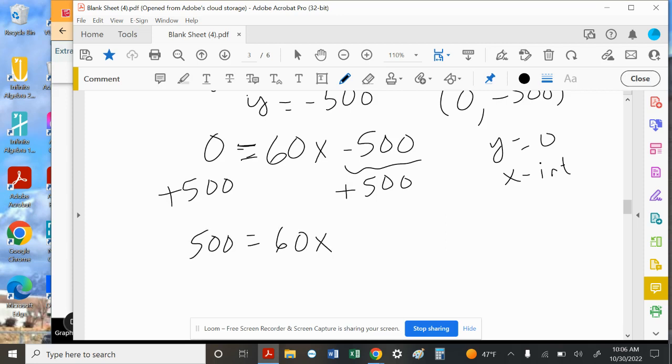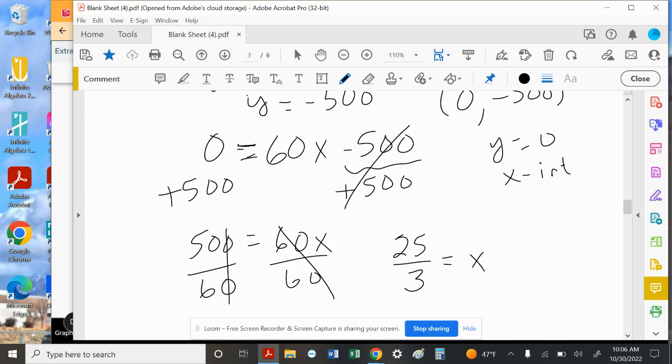So 60x equals 500, and I divide both sides by 60. 6 does not go into 50 evenly, so we can reduce that because 2 goes into 50 25 times, and 2 goes into 6 3 times. So x would equal 25 over 3, and my y value would be 0.